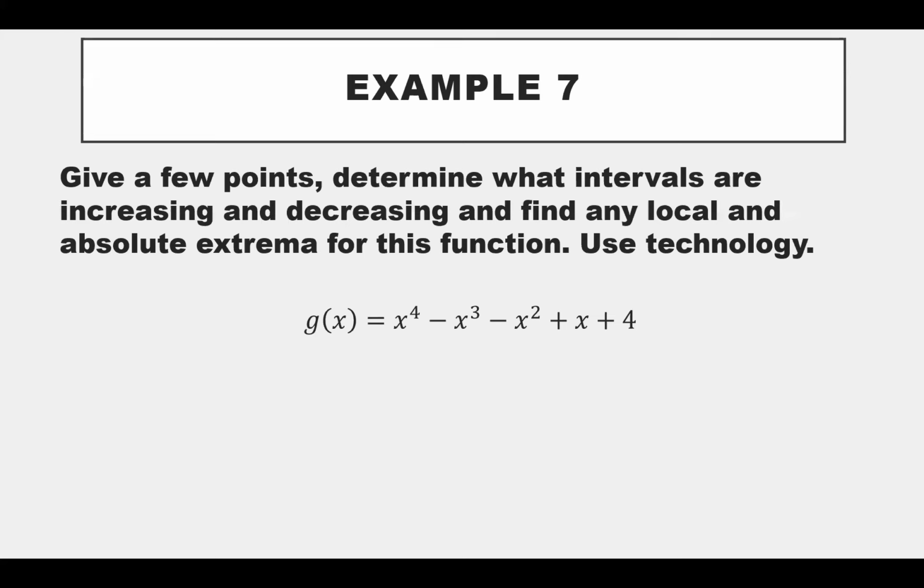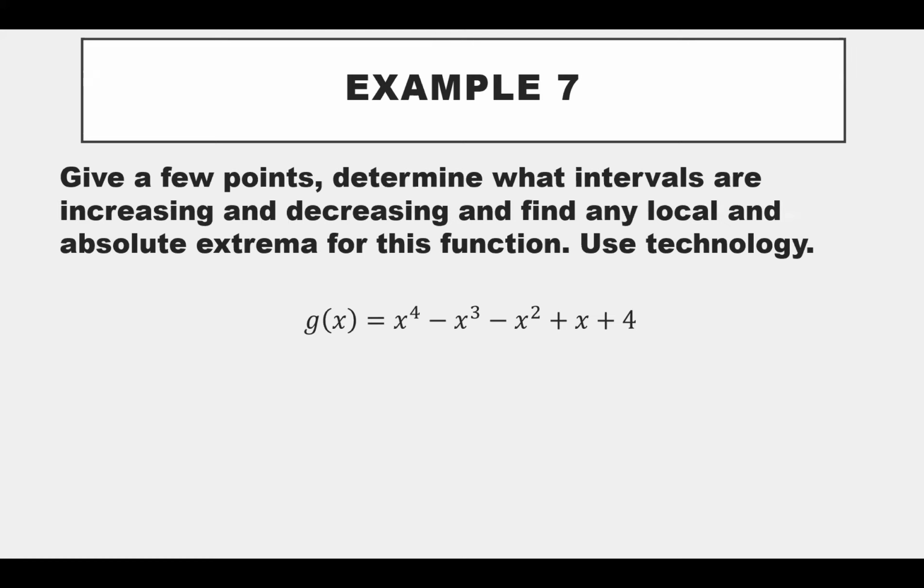Let's do one where we're not given the actual graph, but let's put all of these features that we've learned so far together. Let's take g of x equal to x to the fourth minus x to the third minus x squared plus x plus 4.